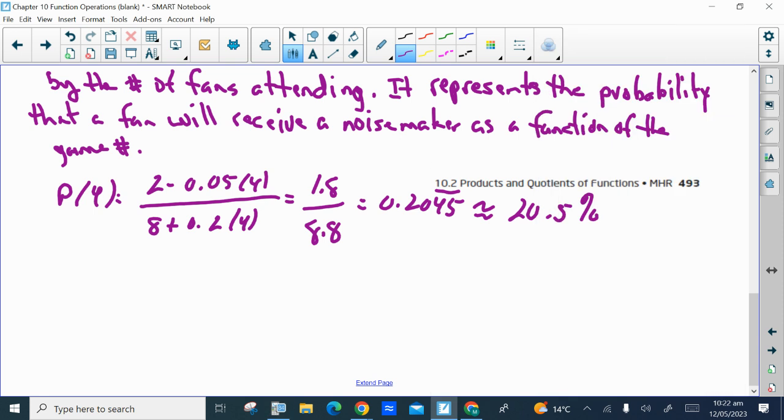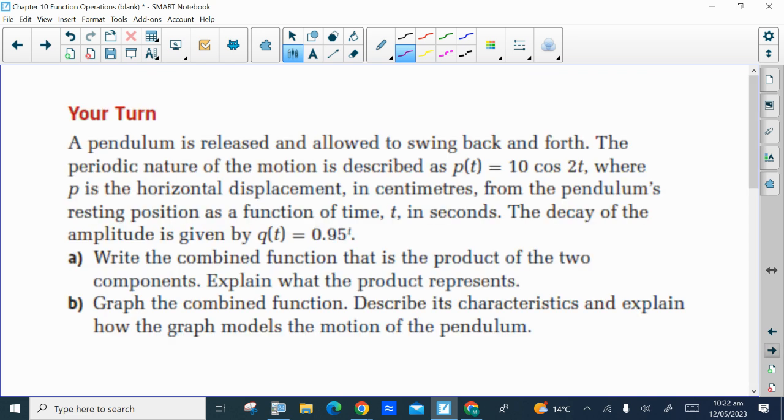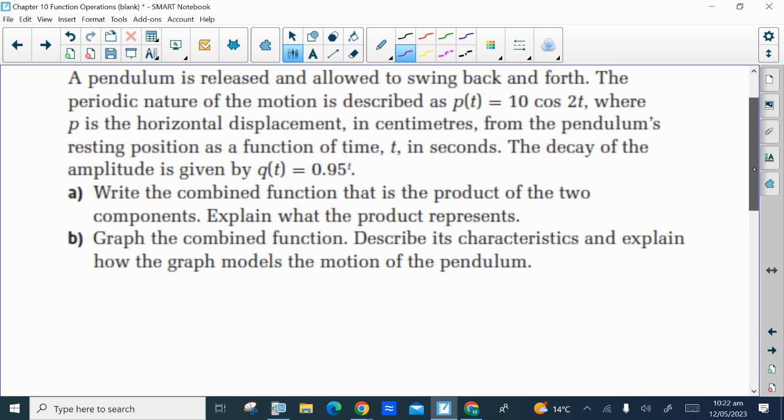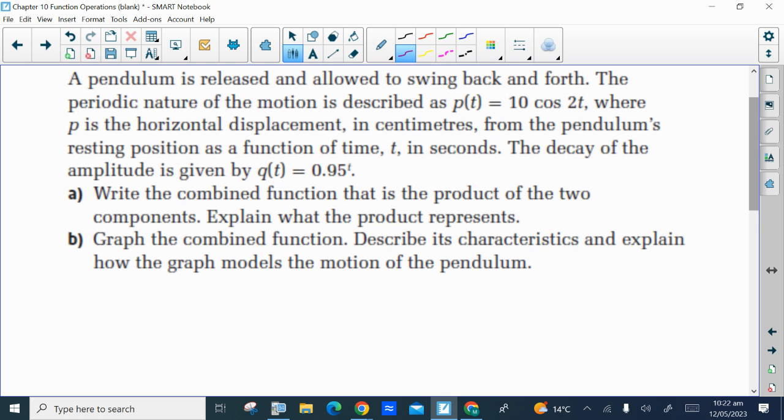Okay. Next question says, a pendulum is released and allowed to swing back and forth. The periodic nature of the motion is described by this function. It's a sinusoidal function, right? It's a graph 10 cos 2t, where p is the horizontal displacement in centimeters from the pendulum's resting position as a function of time t in seconds. Then it says there's a decay of the amplitude.